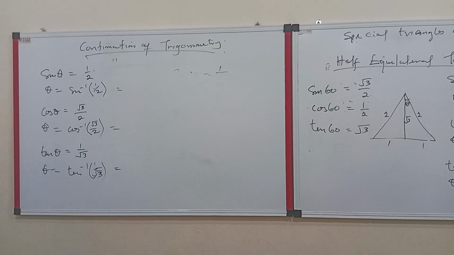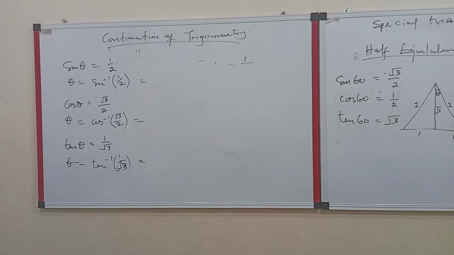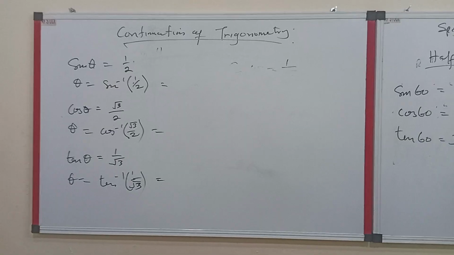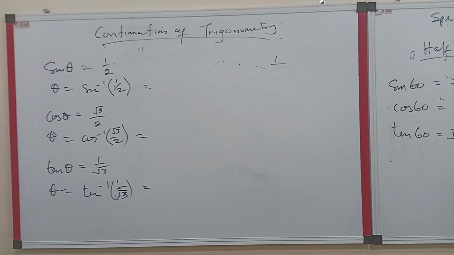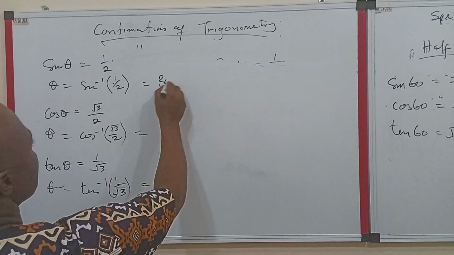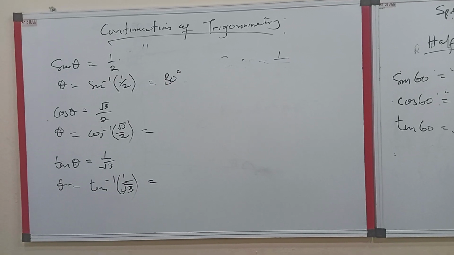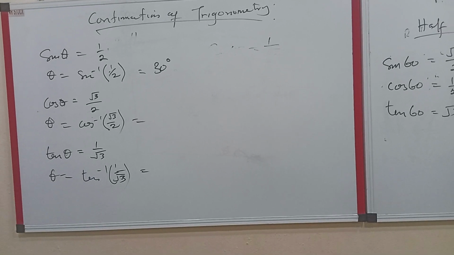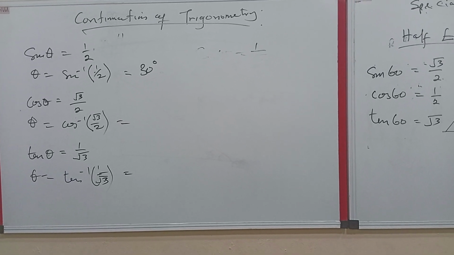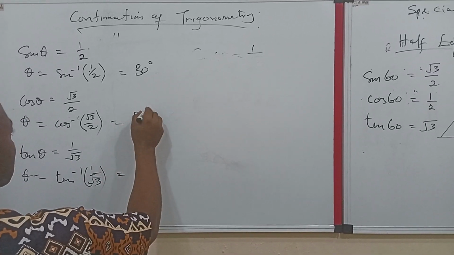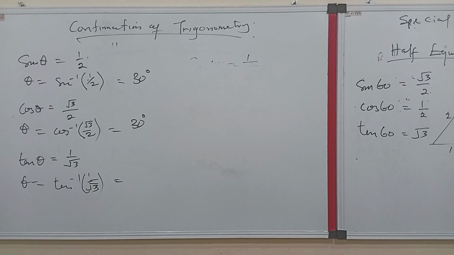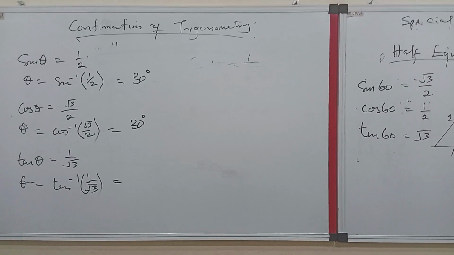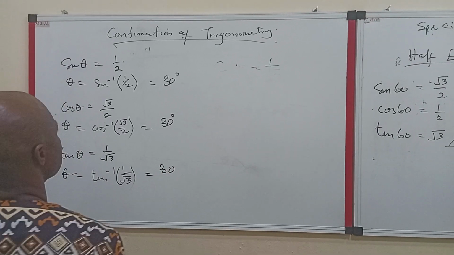And the answer is, if you use your calculator, the first one becomes 30 degrees. Whereas cos inverse of root 3 over 2 also is 30 degrees. And tan inverse of 1 over root 3 is also 30 degrees.